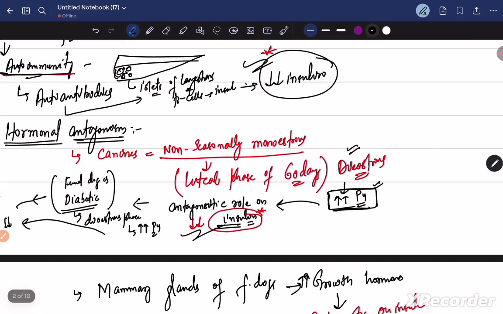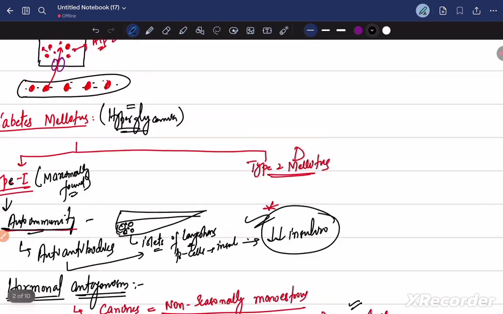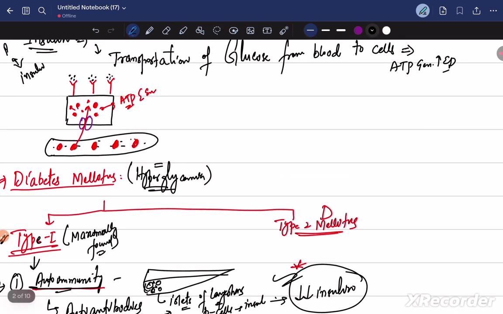Whenever there is decreased insulin concentration, as I discussed here, what will happen? These receptors will not be activated, so they will not lead to activation of the glucose transporters, and so there will be decreased uptake of glucose from blood to the cells, and it will lead to hyperglycemia, meaning it will lead to diabetes mellitus.